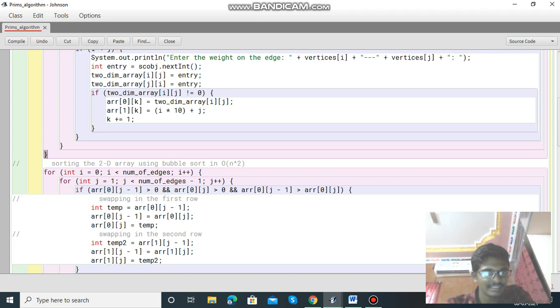If two-dimensional ij is not equal to 0, array of 0 comma k equals two-dimensional array of 1 comma k equals i into 10 plus j, k plus equals 1.